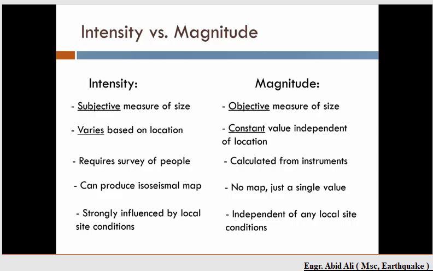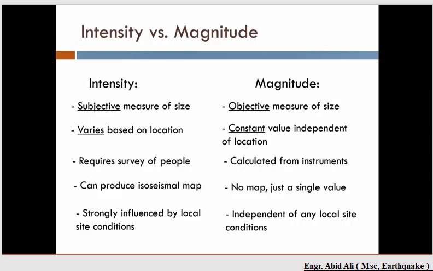On the other hand, magnitude is an objective measure of earthquake size. It is a constant value independent of your location. It doesn't matter if you are standing right over the focus of the earthquake or you are on the other side of the world, the magnitude of the earthquake is the same. Why?